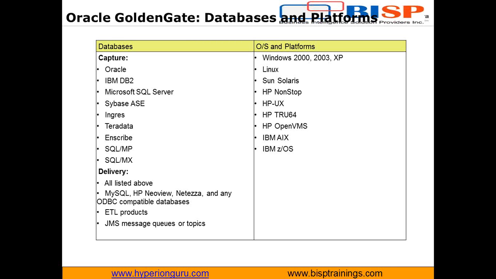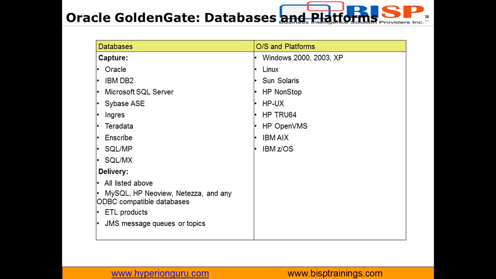So your source could be Oracle, your target could be non-Oracle, and Goldengate will replicate the data. Your source could be non-Oracle, your target could be Oracle. Your source could be non-Oracle, target non-Oracle. And your source could be Oracle, target Oracle. Goldengate will replicate the data in all cases.